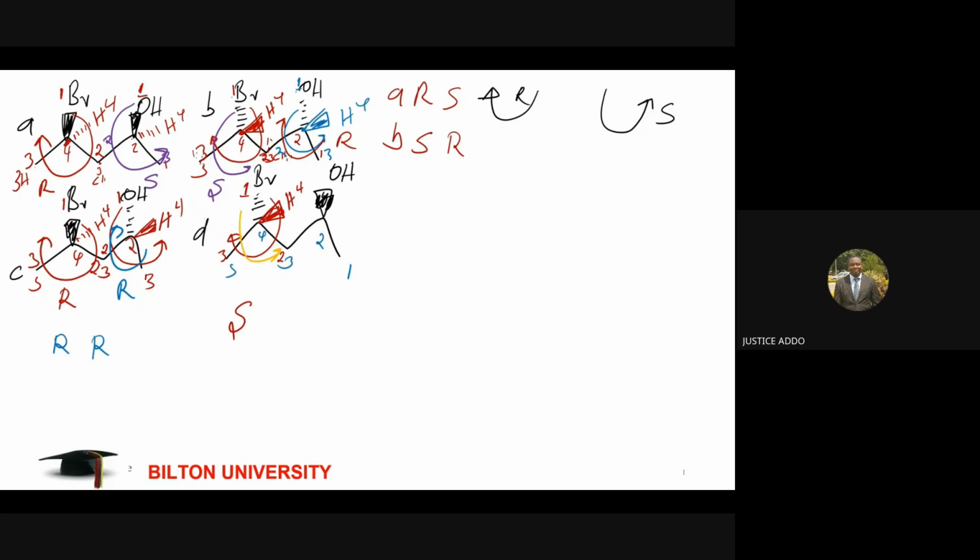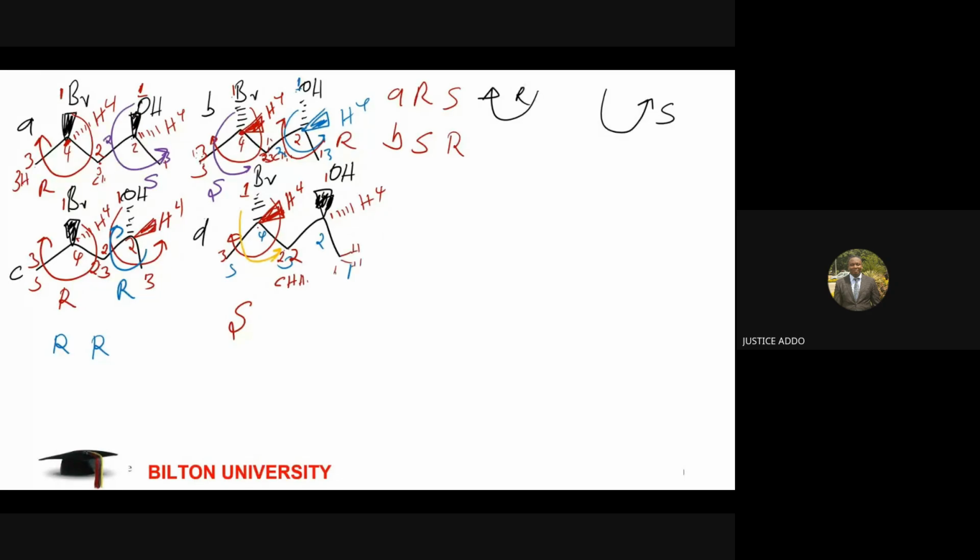Let's look at carbon number 2. For carbon number 2, the OH group is in the front, and therefore our hydrogen is going to be at the back. Based on the alignment, OH will take first priority, and this one, carbon number 3, will take the second priority because it is directly attached to carbon number 4, so that is carbon, and then it is also attached to 2 hydrogens, so that is H, while this one is only attached to 3 Hs.